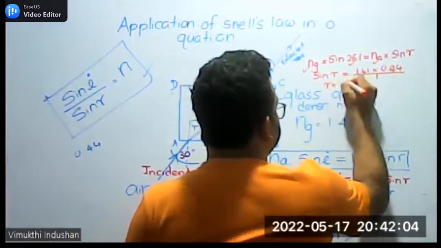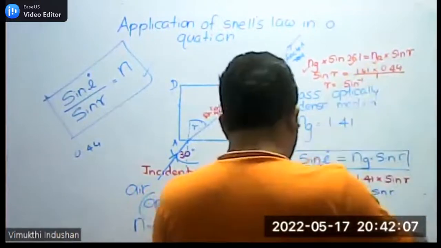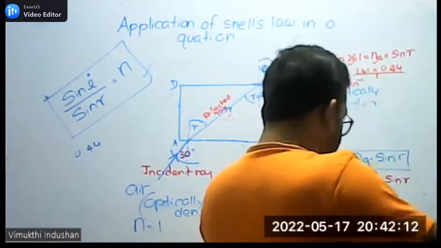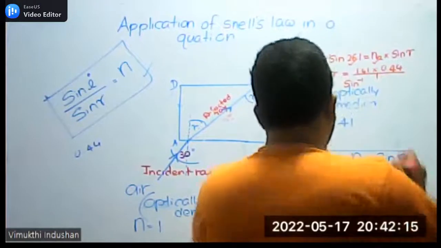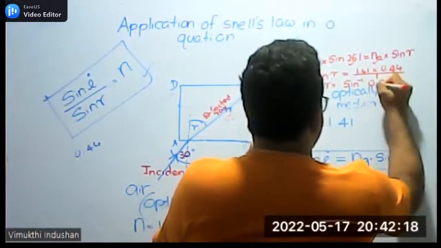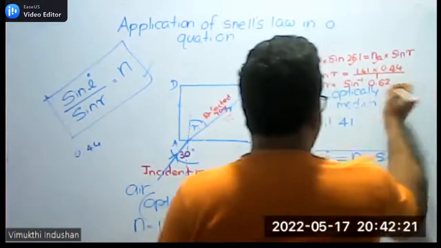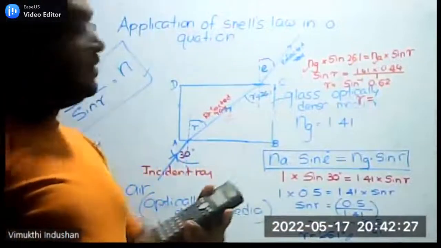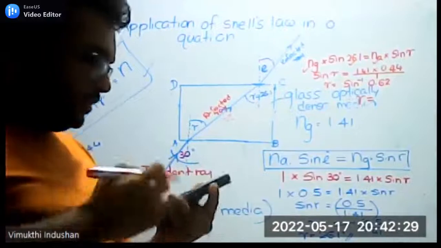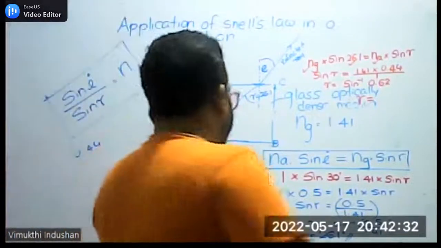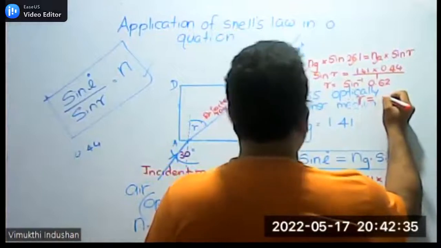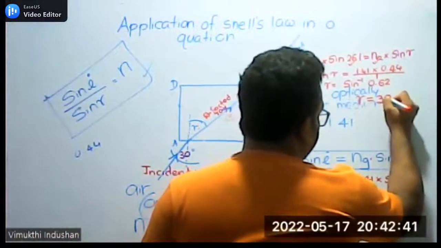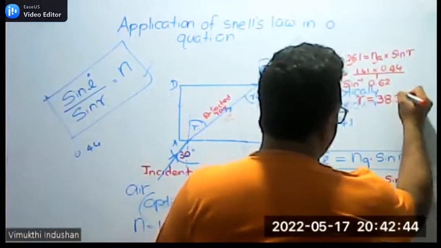Thus you can find R equals sine inverse of this answer, 1.41 multiplied by 0.44, which is equal to 0.62. Therefore R equals sine inverse of 0.62, which will give you something around 38, approximately 38.3, I would tell you.